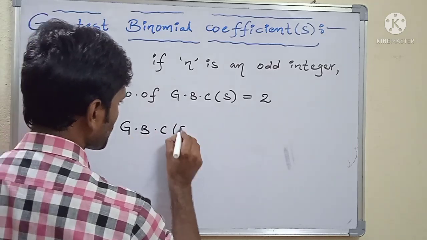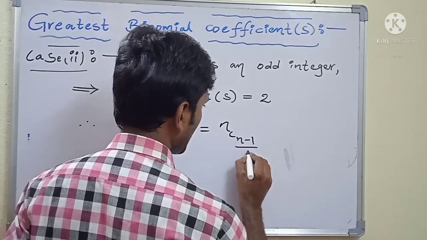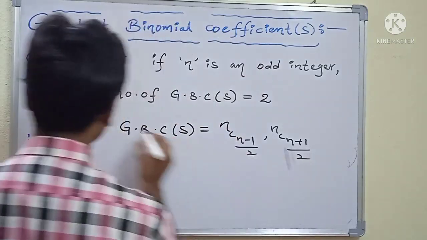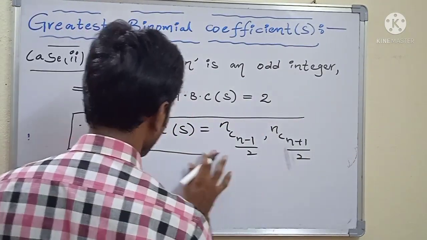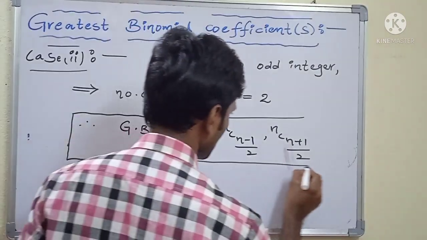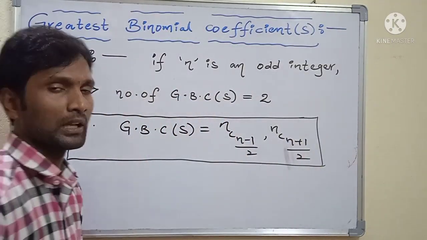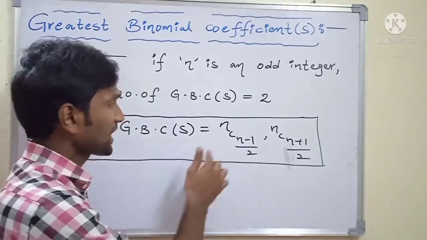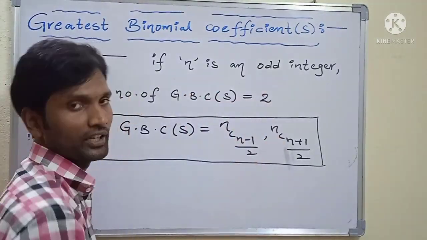Greatest binomial coefficients equal nC(n-1)/2 and nC(n+1)/2. So this is the formula for finding greatest binomial coefficients of the given expansion when n is an odd integer.